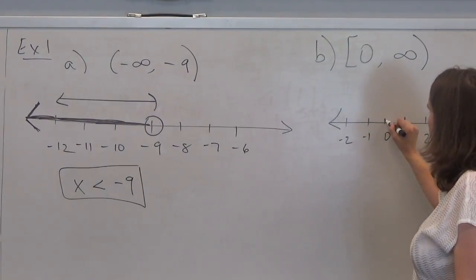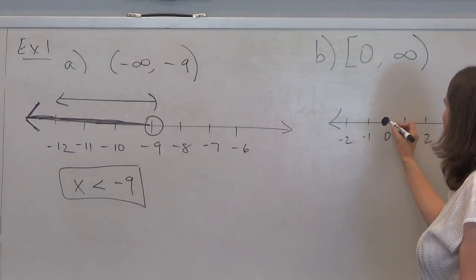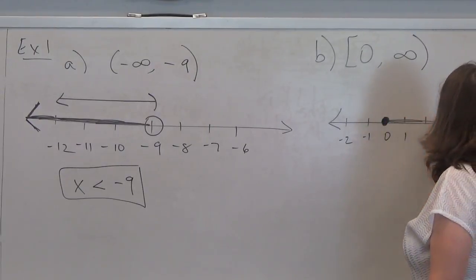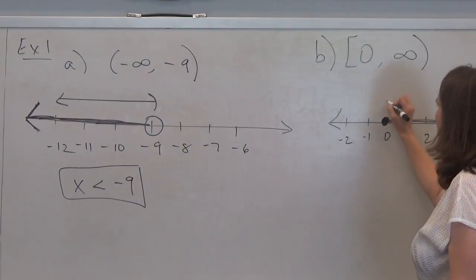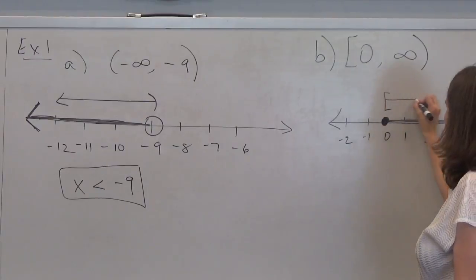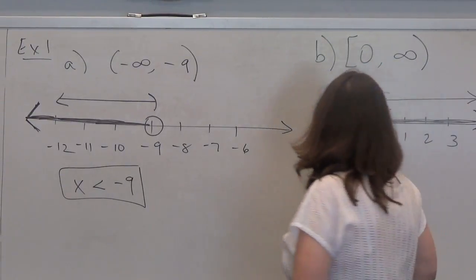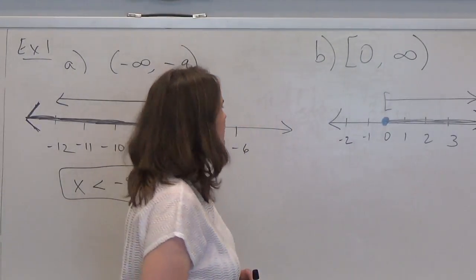So you can do this closed circle at 0, shade everything larger because it goes all the way to positive infinity. So go this way, and then you can do, or you could say square bracket, graph everything to positive infinity that way. And then we want to write it as an inequality involving x.